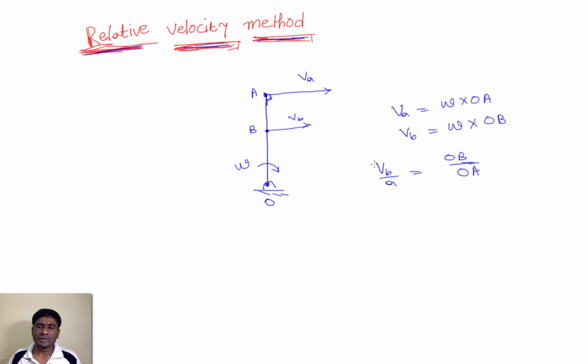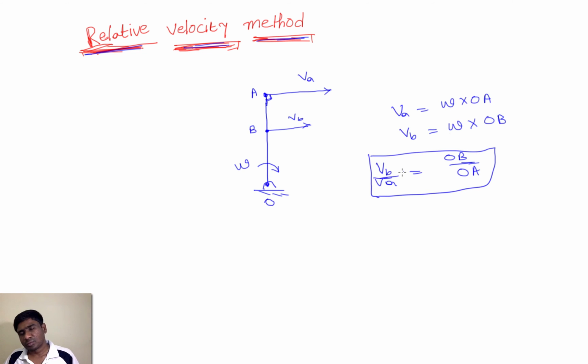So from this equation we can see that velocities, that means linear velocities, of any points on a link are proportional only to the distance of that particular point from the rotational point. So we need to remember this also, because here omega is constant for all points in a link.